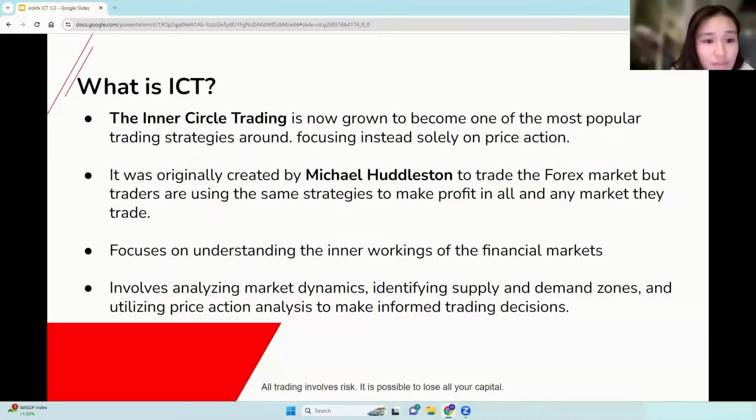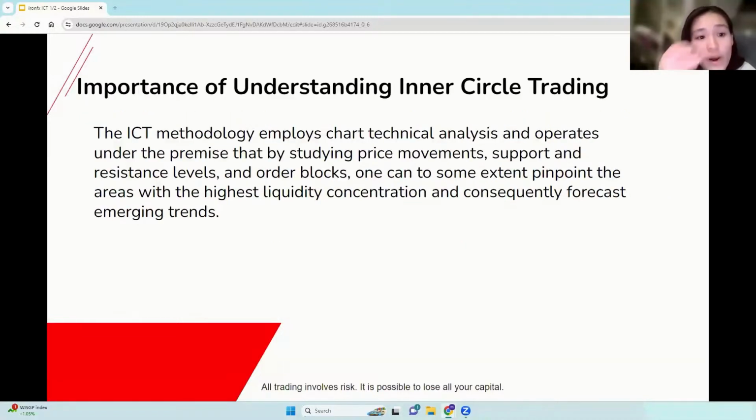So why exactly is it important for us to understand what ICT is? In today's highly volatile and competitive financial markets, having a deep understanding of how the markets operate can give you a significant edge as traders. So by mastering the ICT techniques, you can enhance your ability to identify high probability trading opportunities and effectively manage your risk.